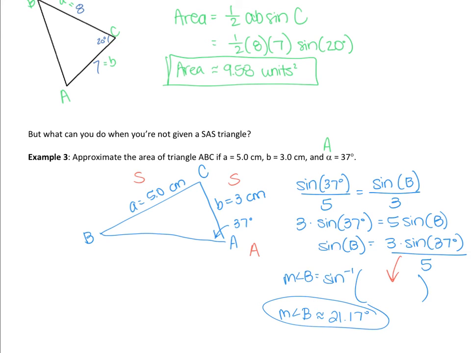All right, so then what's the measure of angle C? Measure of angle C is going to equal 180 degrees minus 37 degrees minus 21.17 degrees. So when I put that in my calculator, I get 121.83 degrees.